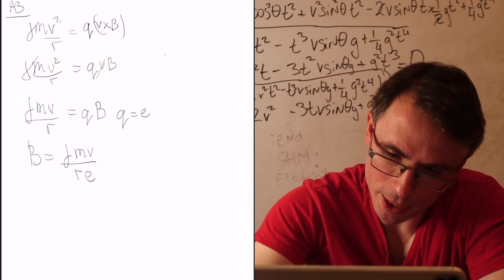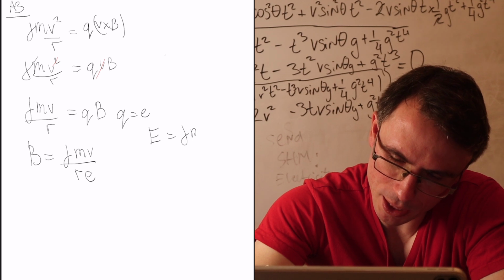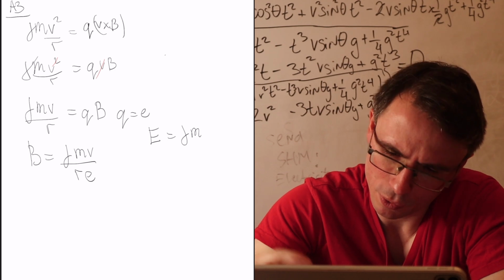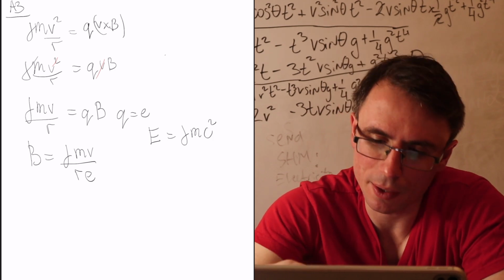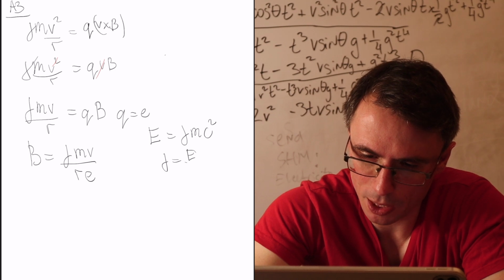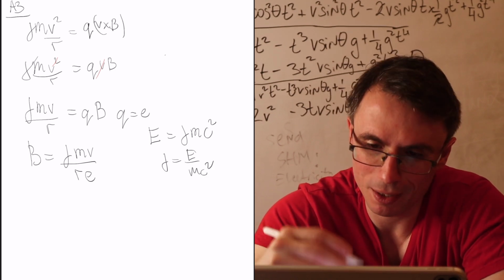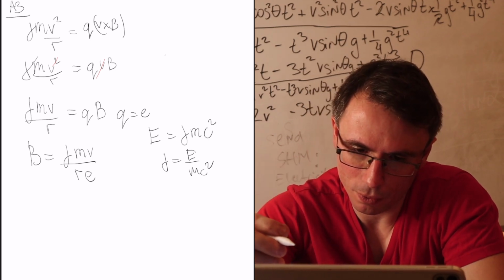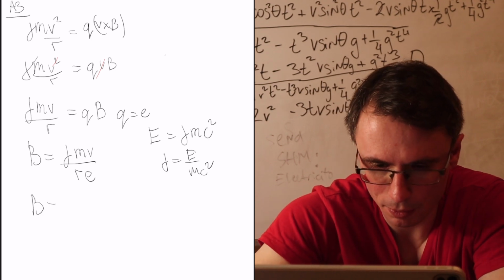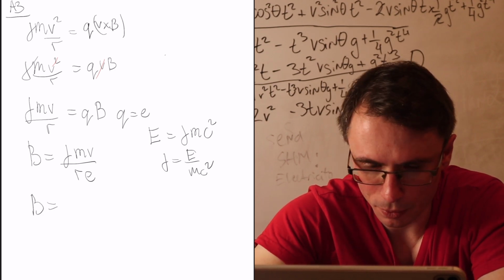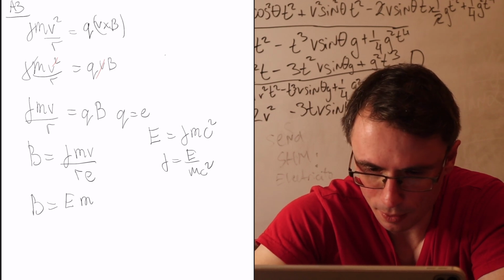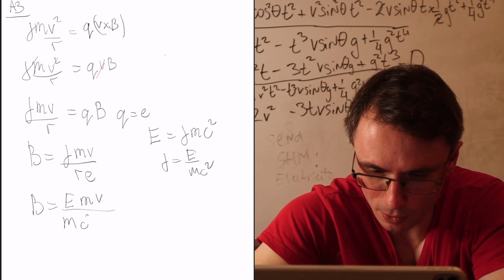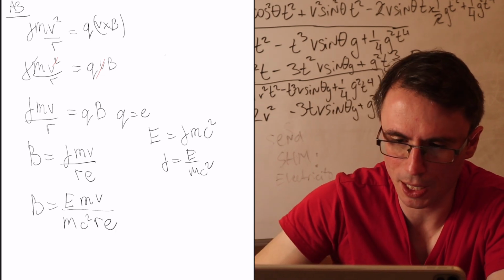Okay, well, the total energy E is equal to gamma mc squared. So this means that gamma will just be equal to E over mc squared, where m in this case is the mass of the protons. Okay, so let's plug that in here. What do we get? We get that B is equal to gamma, which is E over mc squared, times mv, and then an r and an e.